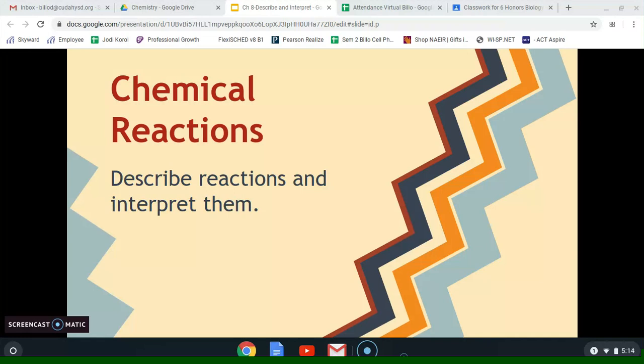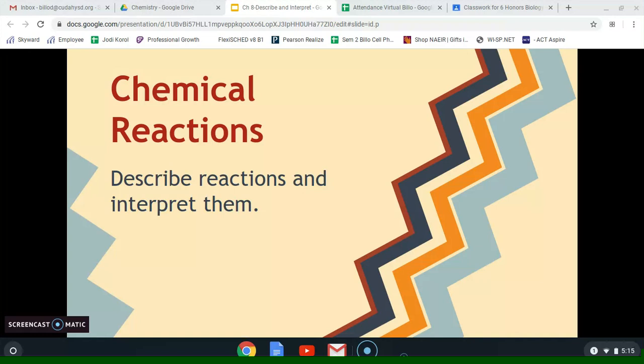So, in this first part of chapter 8, we're going to be taking a look at chemical reactions. We're going to describe the reactions. What I mean by that is we're going to recognize what roles things play based on where they are listed and certain aspects of a chemical reaction that tell us certain things about how the reaction occurred. In the second part, we're going to interpret these chemical reactions.